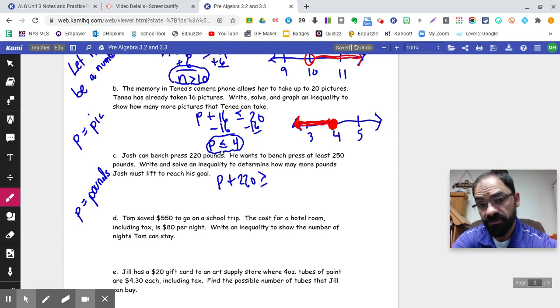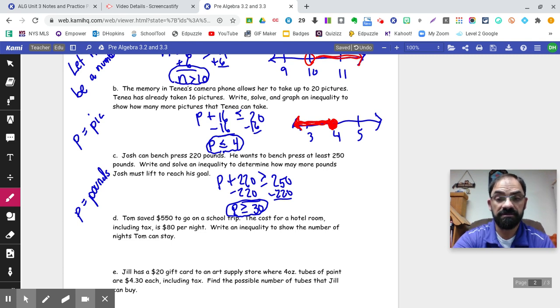And he wants to be greater than or equal to 250. So again, always doing the opposite. P is greater than or equal to 30. So he needs to lift at least 30 more pounds.